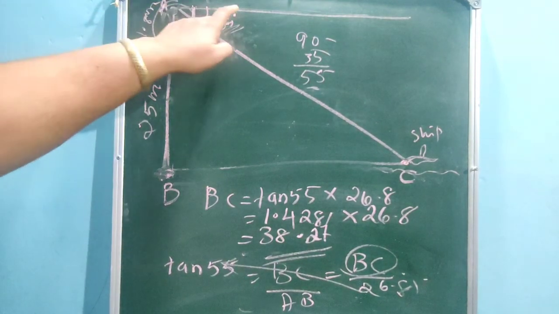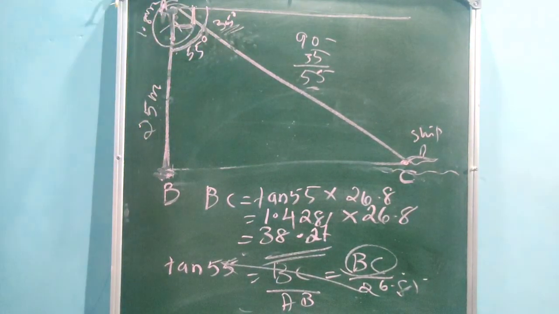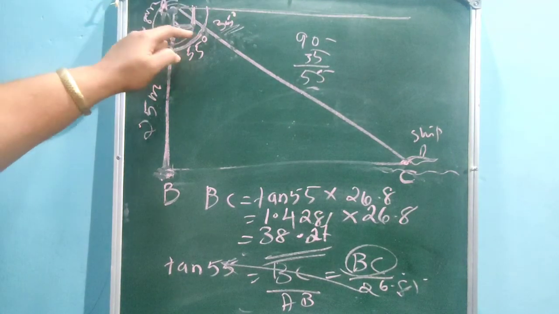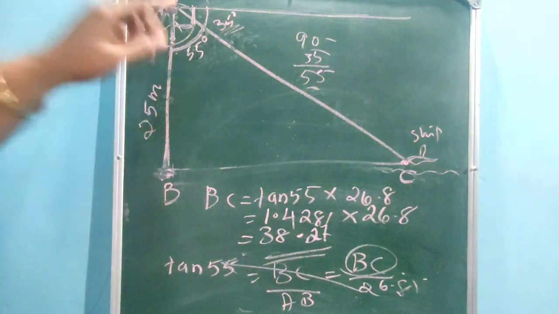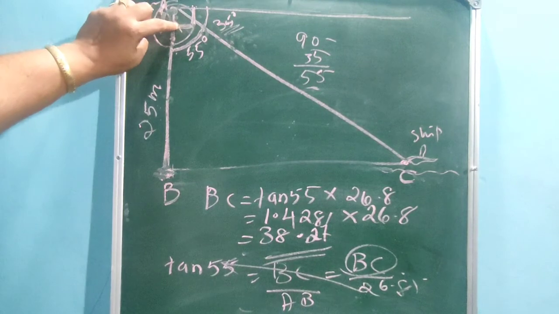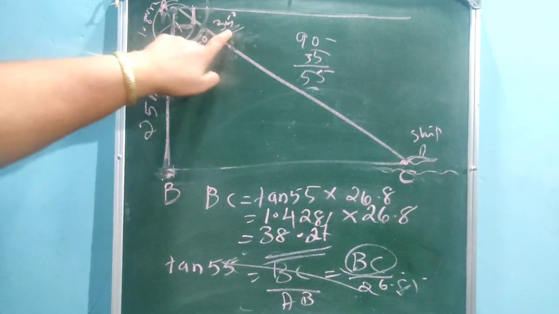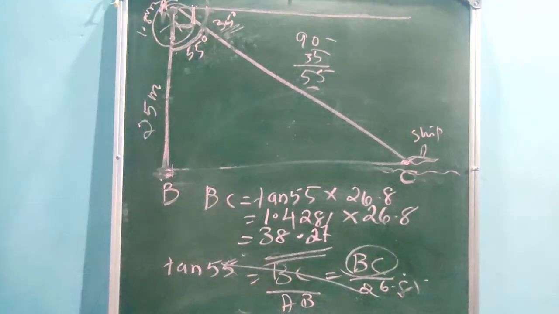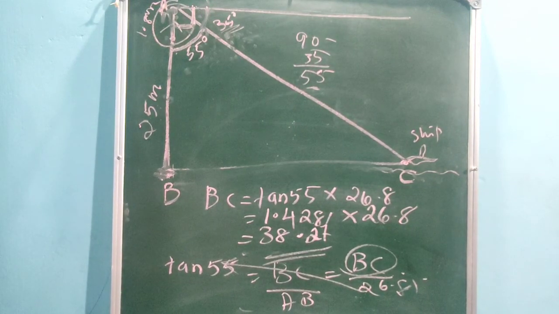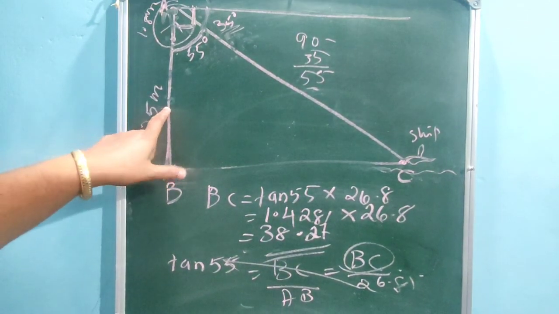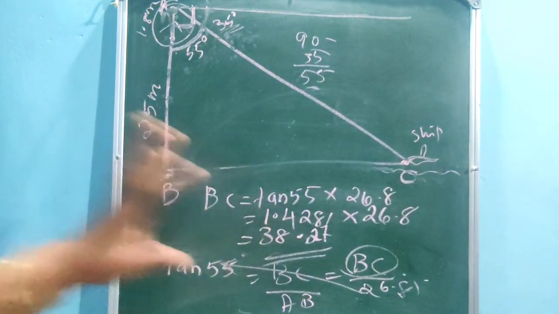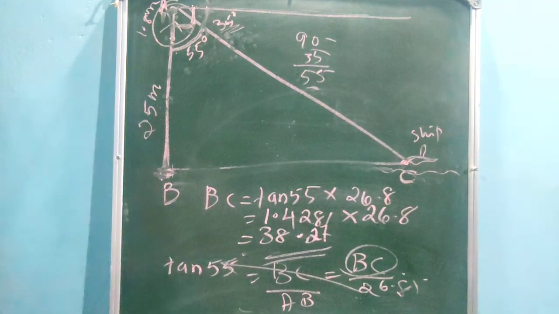And see, our view and our body is in 90 degree. So this angle is equal to 90 degree, and we have this much portion is equal to 35, then the remaining angle is 90 minus 35 is equal to 55 degree. Then we take the tan ratio, because here we have the adjacent side and we need the opposite side. So which ratio is connecting adjacent side and opposite side? That is tan ratio. So here we take the tan ratio.